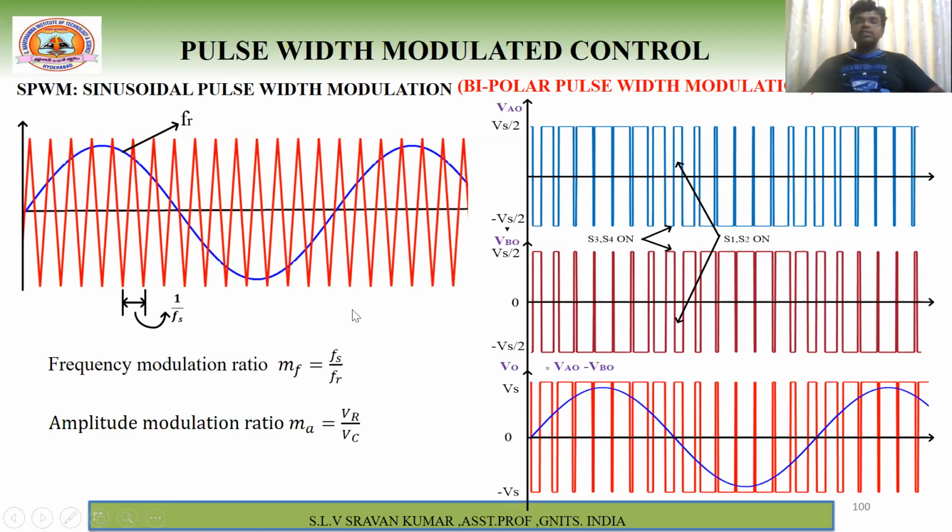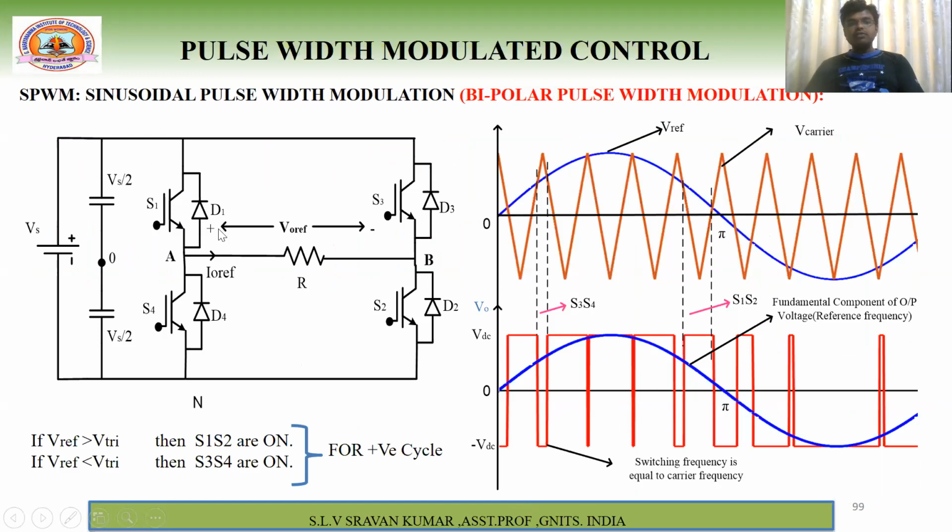This carrier frequency may be anything, so 1 kilohertz or 2 kilohertz or 10 kilohertz, like that. If the carrier frequency is higher, the number of pulses will be more. That's it. But if the number of pulses is more, what is the disadvantage? Switching losses. The more times your switch turns on and off, the switching losses are going to be high.